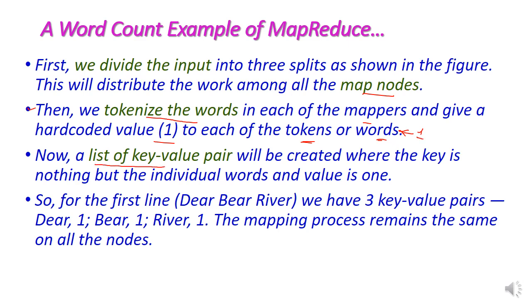For each word we assign the value 1, and a list of key value pairs will be created by the map function, where the individual word value is 1. Here, in the first line, deer, bear and river, we have 3 key value pairs: deer equal to 1, bear equal to 1 and river equal to 1. The mapping process remains the same in all the nodes.